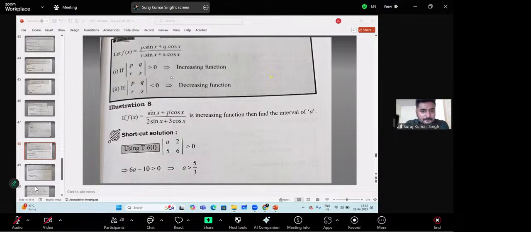Just now you see, by mistake I have written sin x plus p cos x. So no problem. Here we will write 1, a, 2 and 3. Okay, and we will find the determinant value, and the value should be greater than 0. So you can realize that this type of problem we can solve very easily.